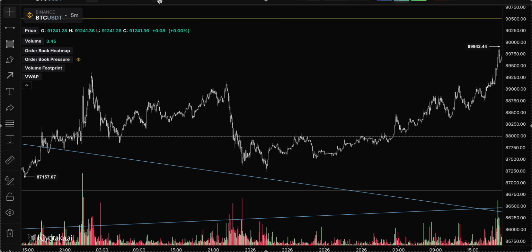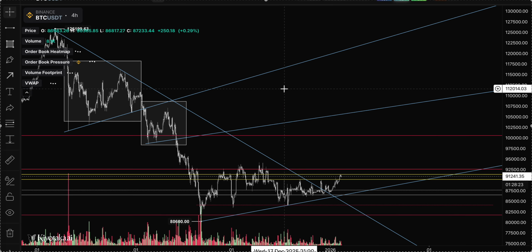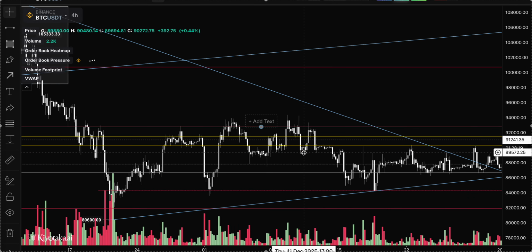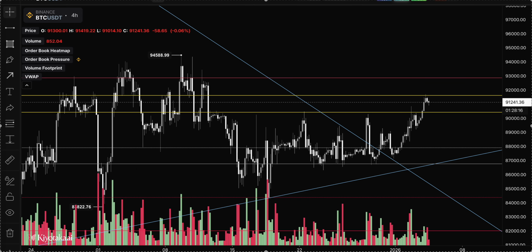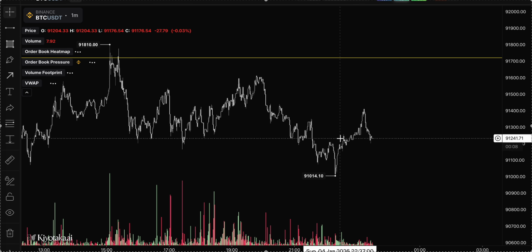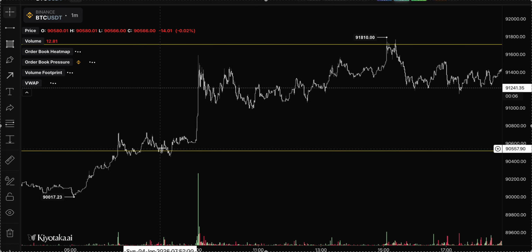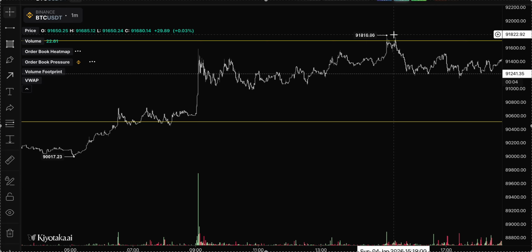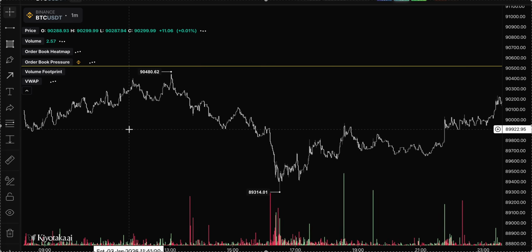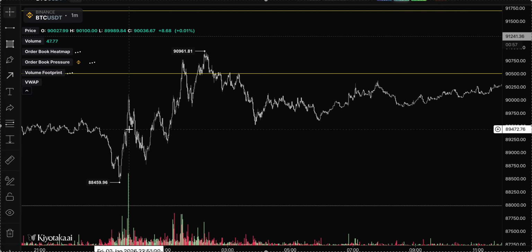I posted these 100 times, guys. Just copy these lines. I posted it every other day. Of course, it's better if you draw your own lines, but really, you just trade from level to level. You just stay on the levels.